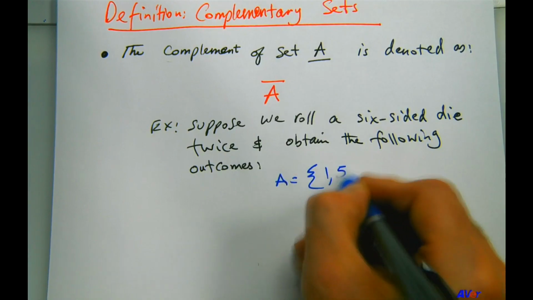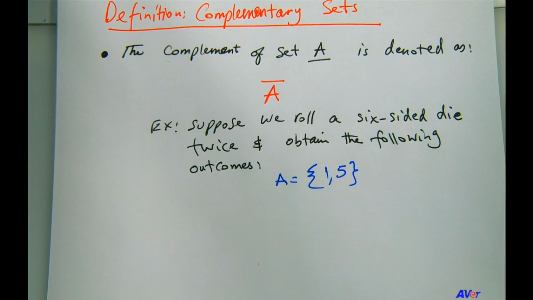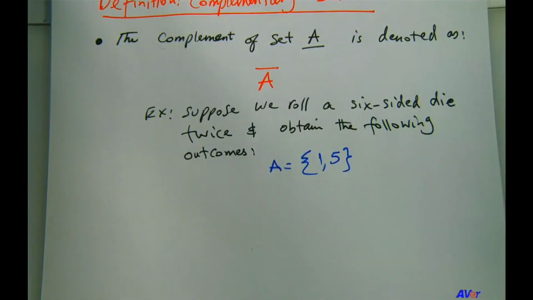These two outcomes, 1 and 5, right? So we ask, what is the sample space?